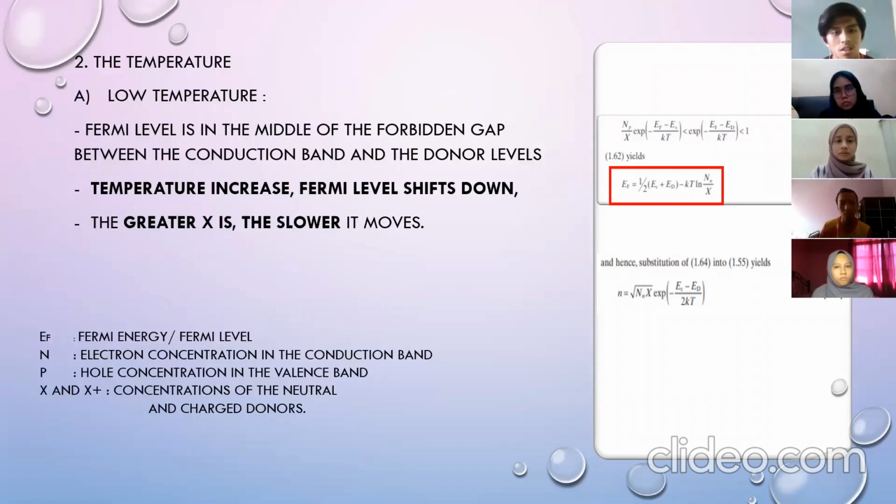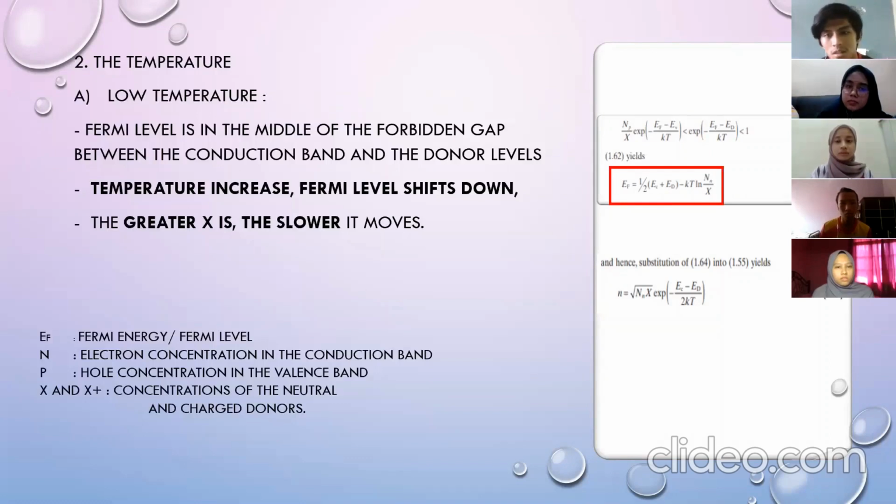The greater the X, which means the concentration of the neutral or charged donors, the slower it moves. So as the concentration increases, the Fermi level will move down slowly or move upwards. It depends on temperature.